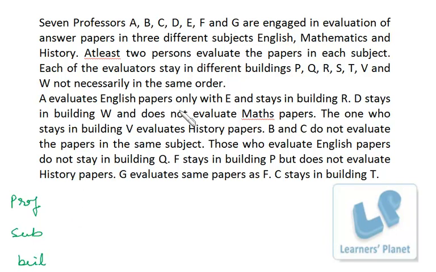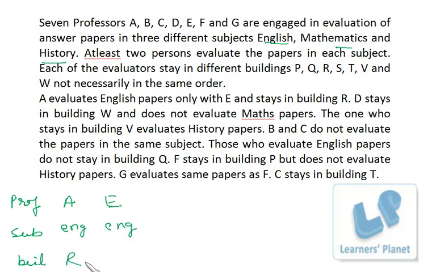A evaluates English paper only with E. That means A and E, both of them English, and no other person is there in English. We have just 3 subjects: English, Maths and History. So A evaluates English paper only with E and stays in building R.